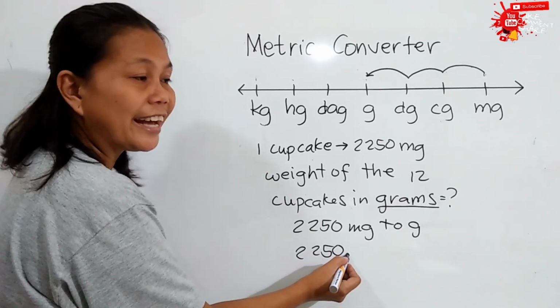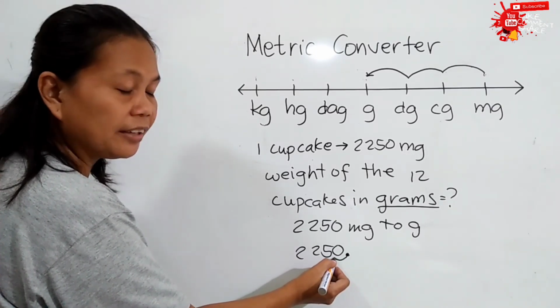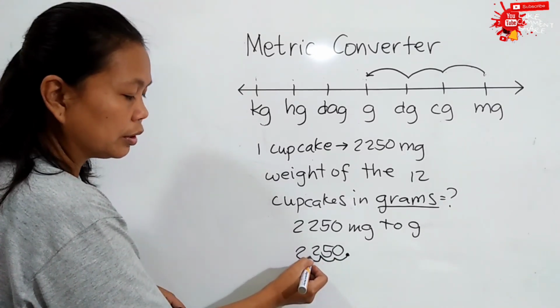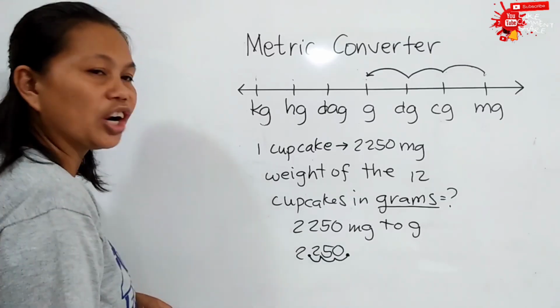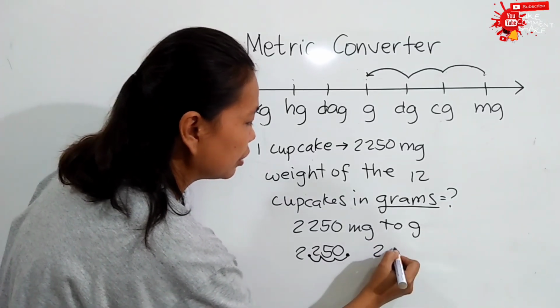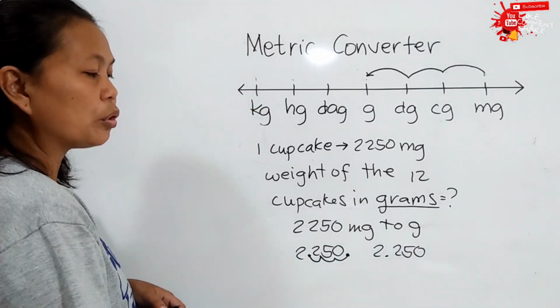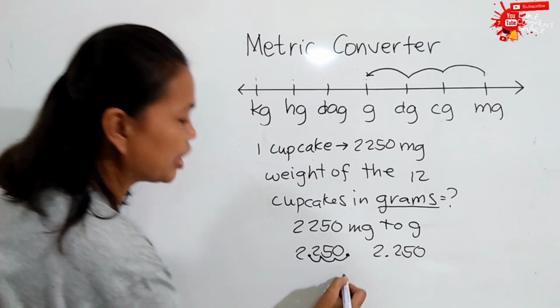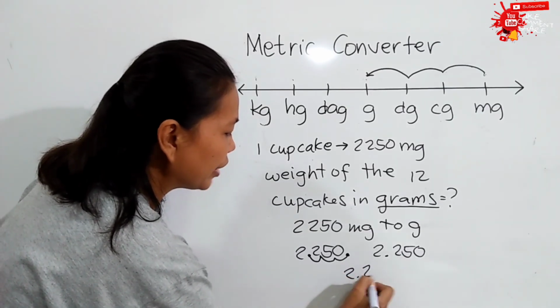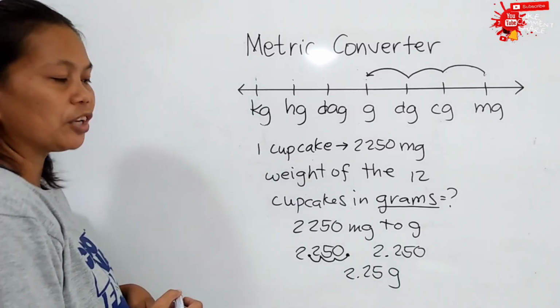So we will move the decimal point 3 spaces to the left. 1, 2, 3. So this will be the new location of the decimal point. So the answer will be 2.250. Since 2.250 is the same as 2.25, it is equal to 2.25 grams.